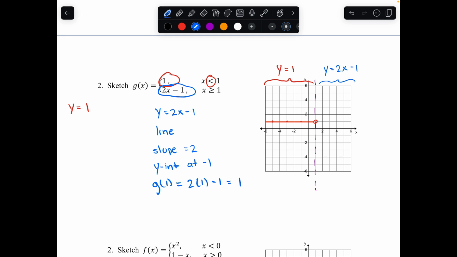So, when I plug 1 into my function, I get a y value of 1. And conveniently, our functions actually match up. So, I can draw a closed circle right here. And now I draw my line with slope 2. And that's the graph of our piecewise function.